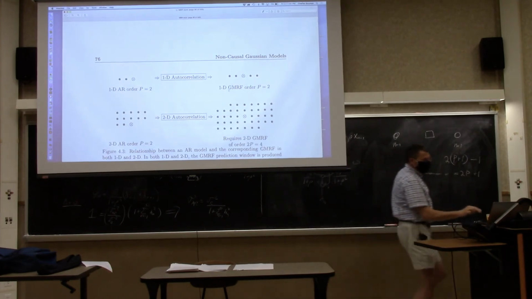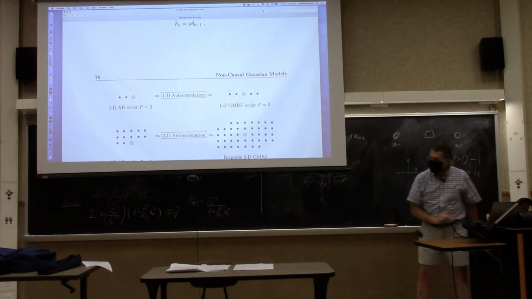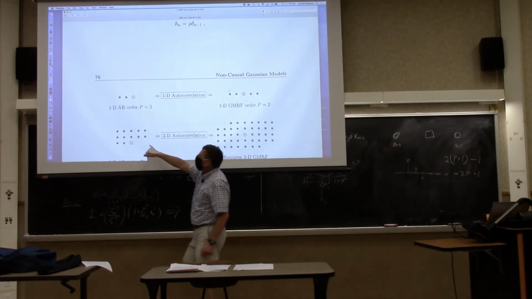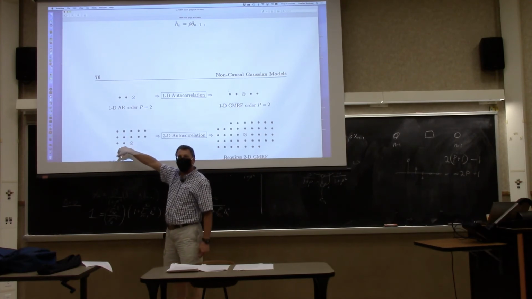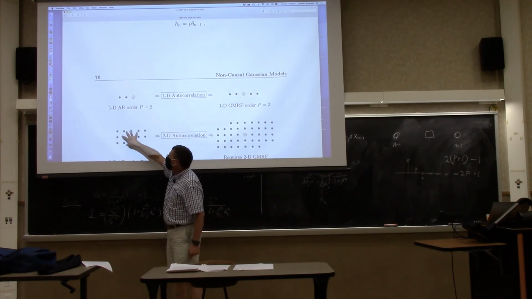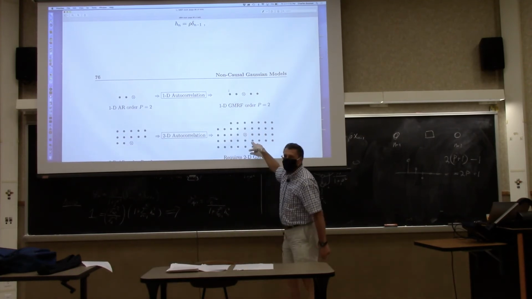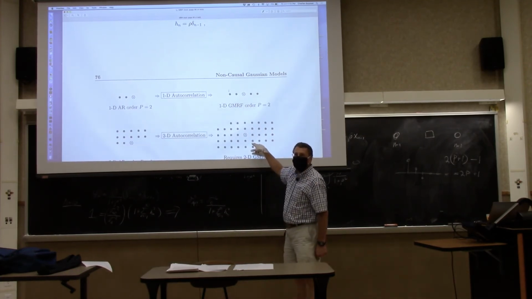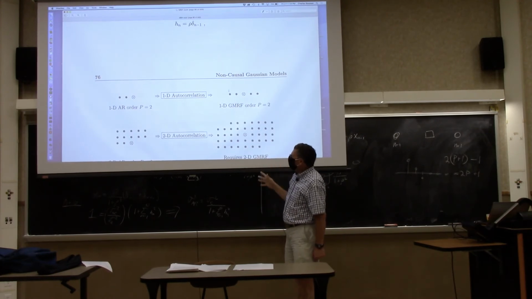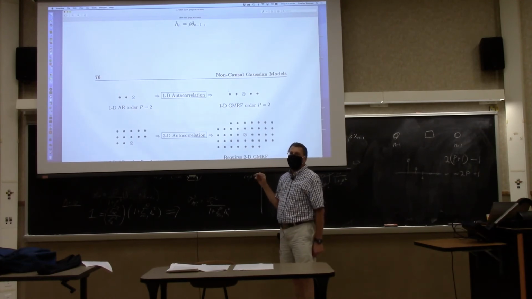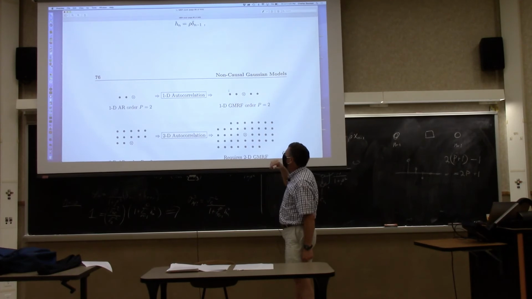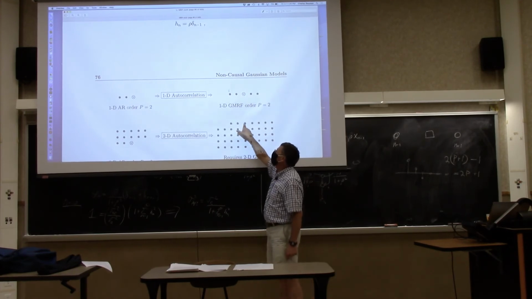In 2D, it's kind of interesting. If I take this thing here, which is the non-causal predictor, and take the autocorrelation of this function with itself, I get something that's shaped like that. Something here is clearly weird, because there's a parameter associated with each of these dots.